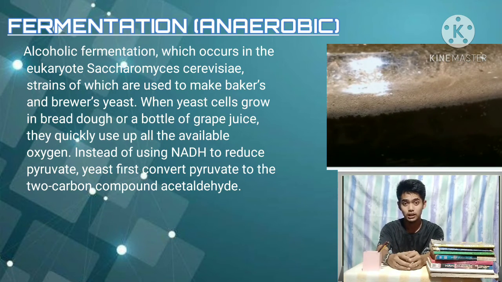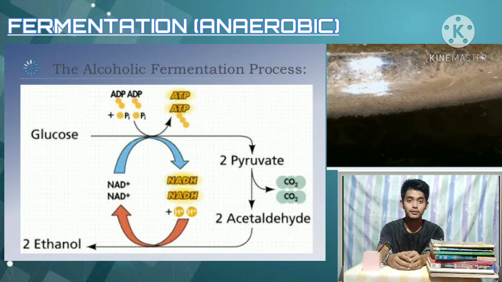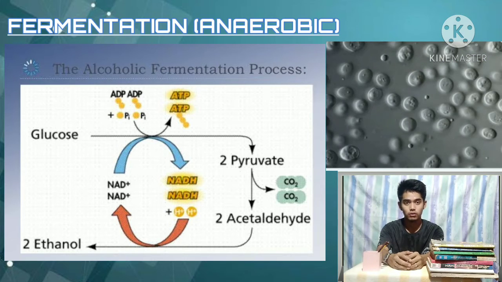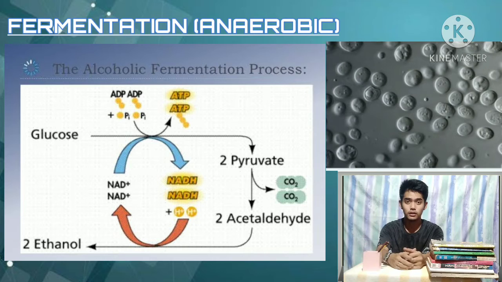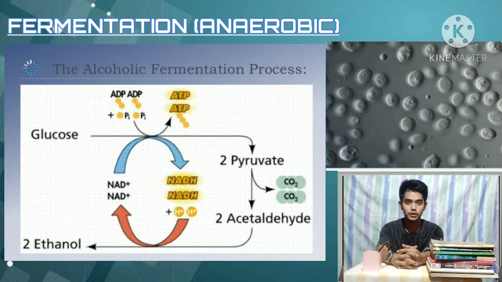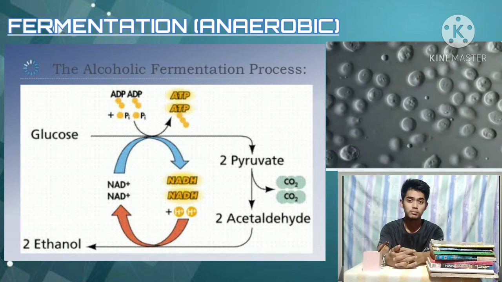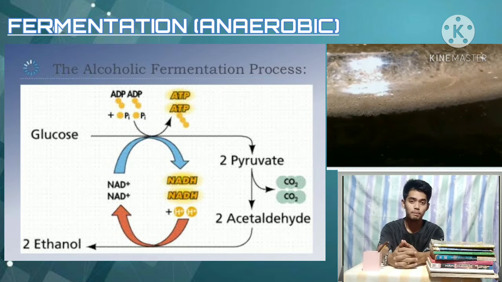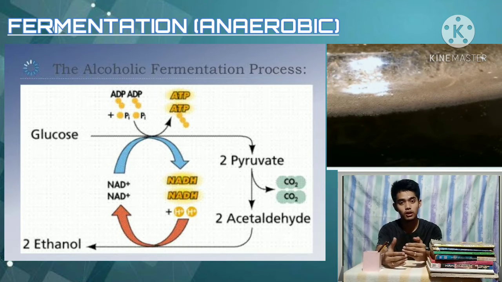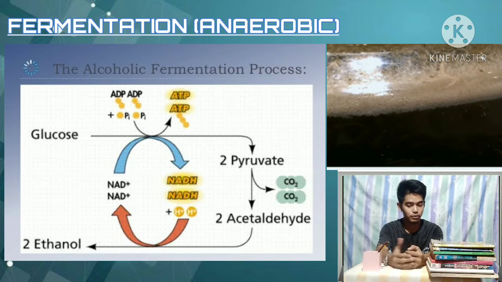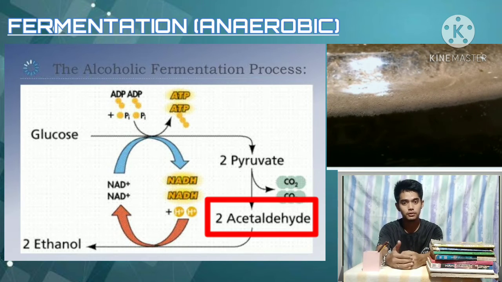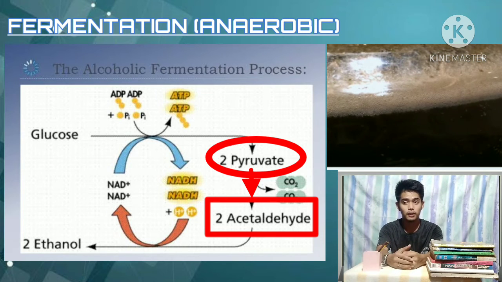While alcoholic fermentation occurs in eukaryotes such as Saccharomyces cerevisiae, strains of which are used to make baker's and brewer's yeast. When yeast cells grow in bread dough or a bottle of grape juice, they quickly use up all the available oxygen. Instead of using NADH to reduce pyruvate, yeast first convert pyruvate to the 2-carbon compound acetaldehyde.